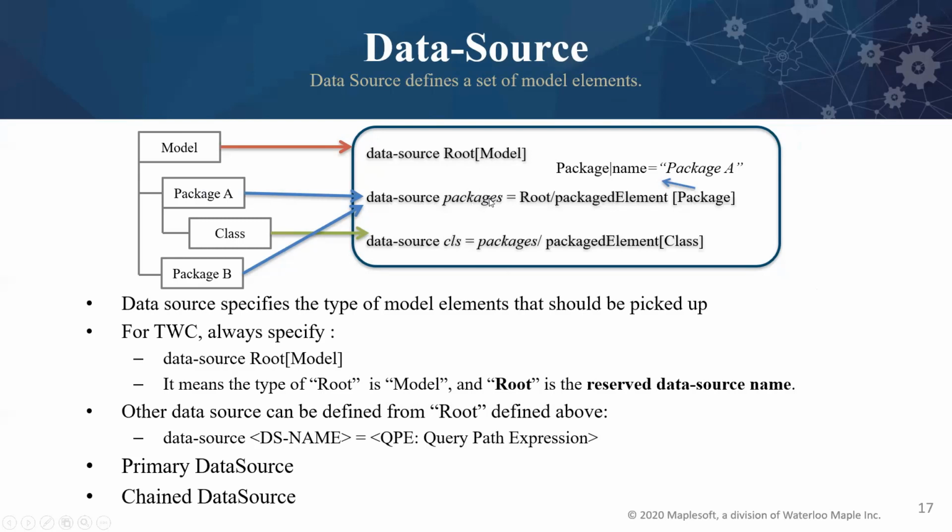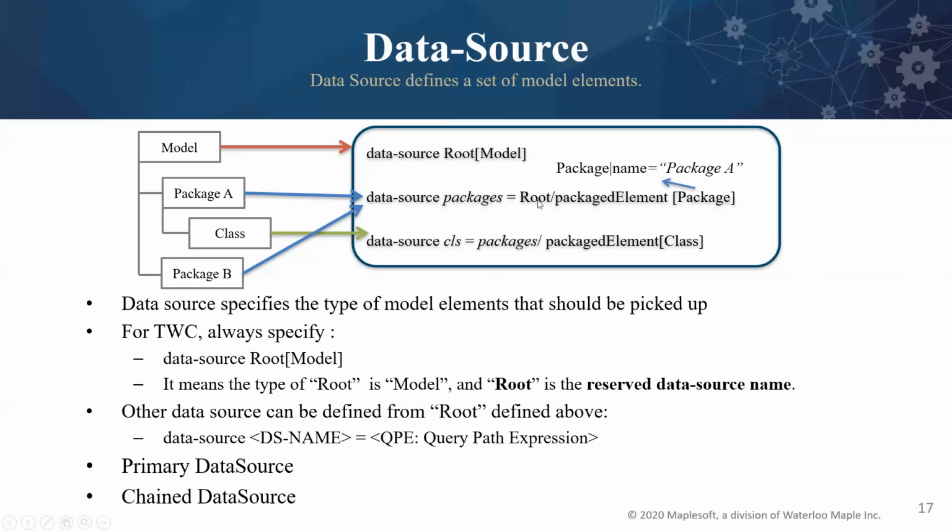And I can reuse the package data source and say within the packages, I want to get information of the class. So the class is nothing but, if we add a stereotype, this is block, it's going to be a block. But for simplicity, we will stick with just the model, the package and the class for today.